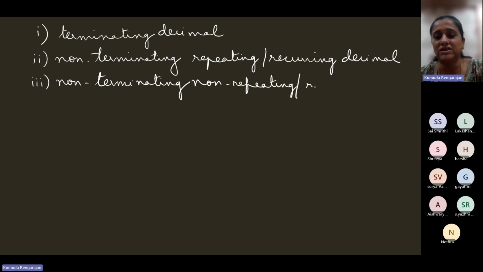The other term for repeating is recurring decimal.